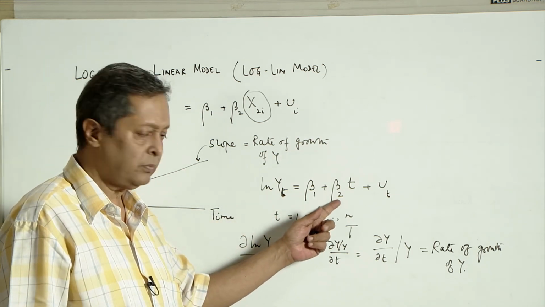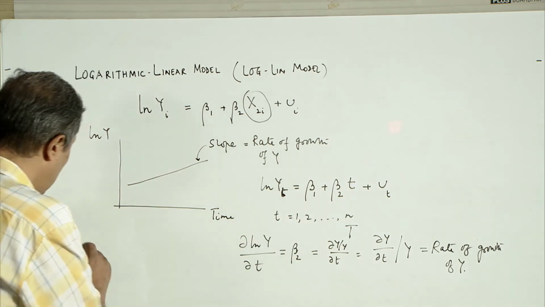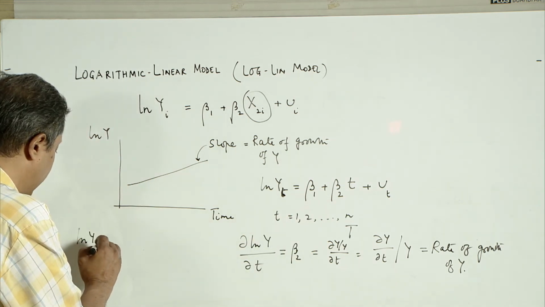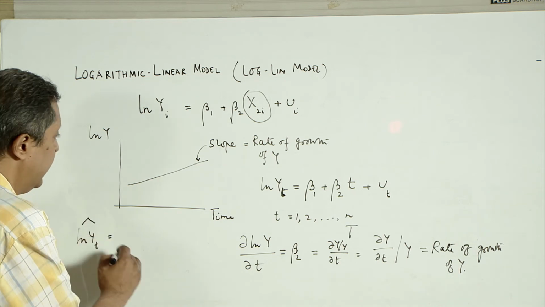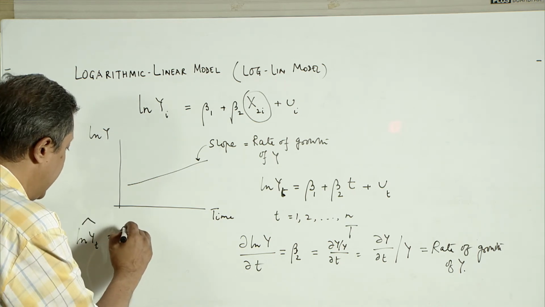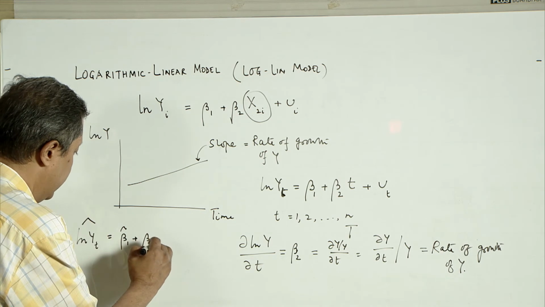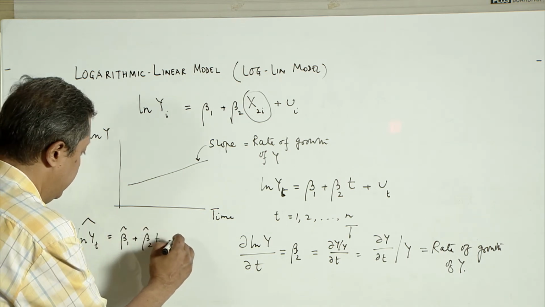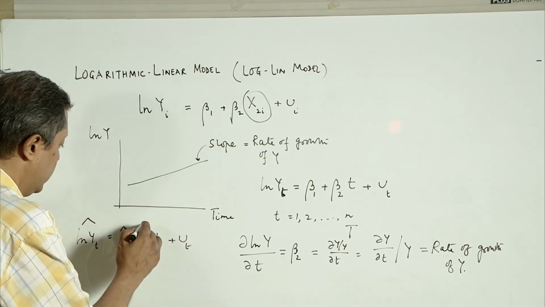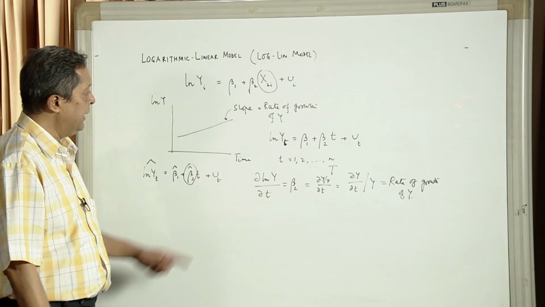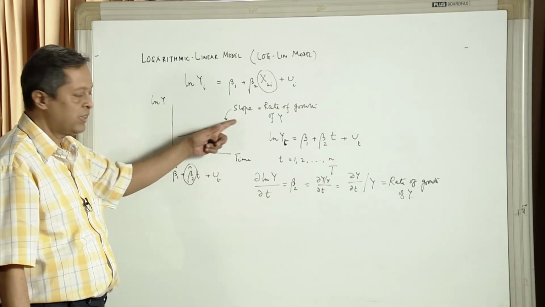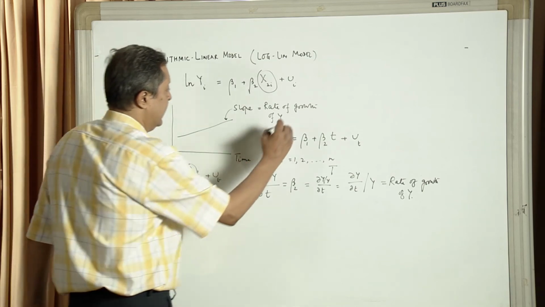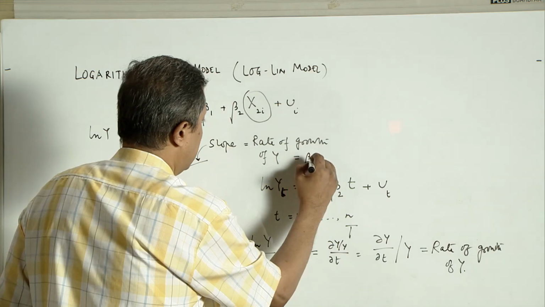So, what is the growth rate here? It is beta 2. So, the estimated model will be log yt hat estimated as beta 1 hat plus beta 2 hat t plus ut. This estimate will be obtained as the slope of this fitted line, and that is given as beta 2 hat.